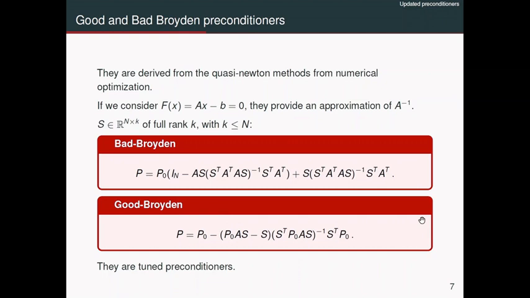Both preconditioners, the Bad and the Good Broyden, are obtained from an initial preconditioner, and they satisfy the tuned property.